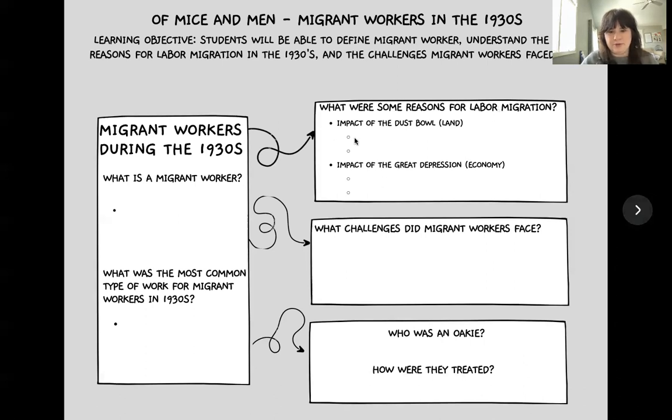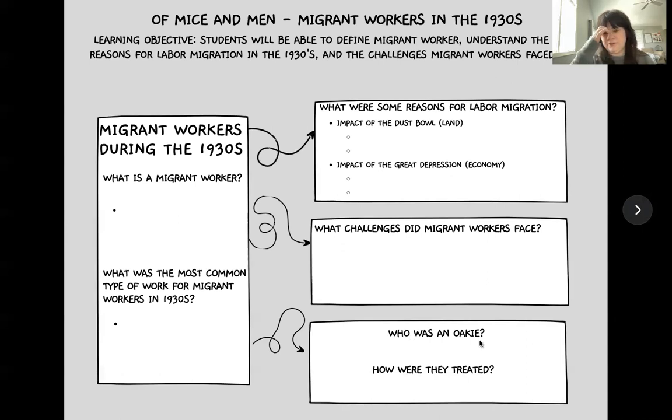And for this box, I pre-filled in specific areas that I want to make sure that they get the information from. One is about the Dust Bowl, which has to do with the land, and the impact of the Great Depression, which is more reasons having to do with the economy. And then I included 2 bullet points so they know to fill in 2 specific pieces of information that are pointed out in the articles. And then they will have to fill in what challenges the migrant workers faced.